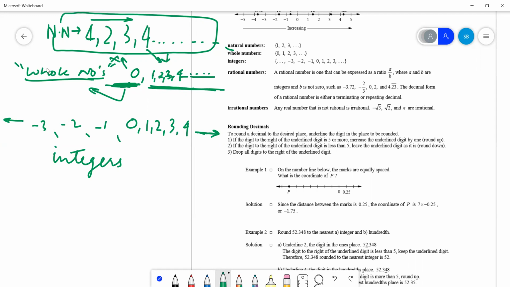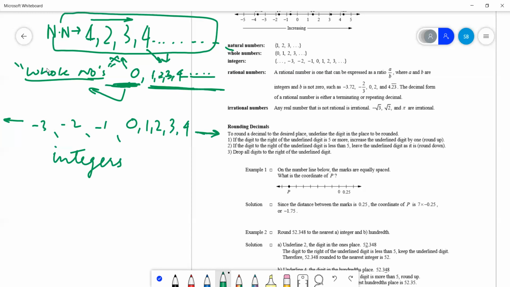Can I say all integers are whole numbers? Except fractions and decimals.